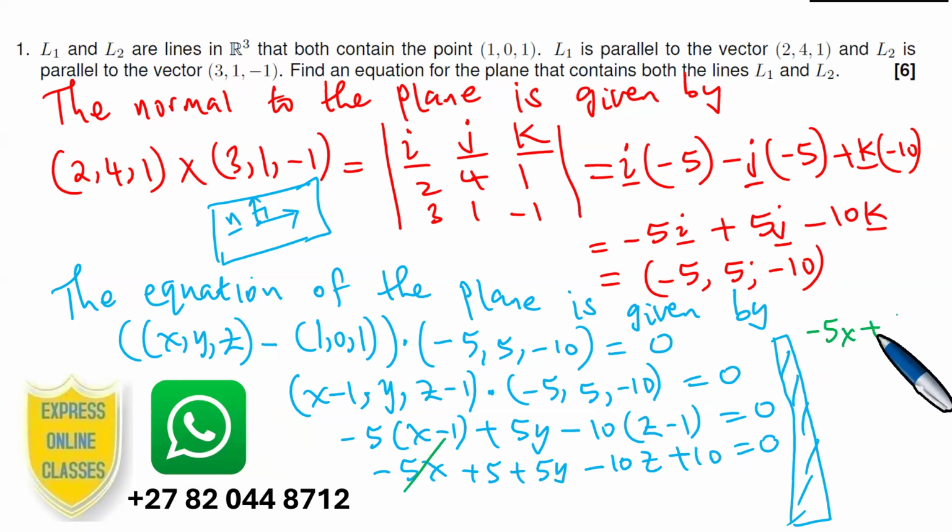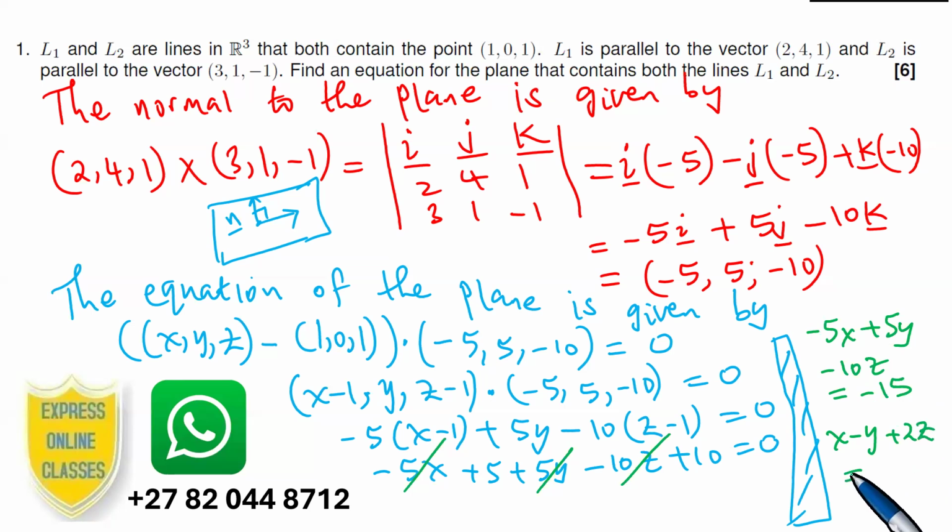And then we have plus 5y minus 10z, which is equal to -15. So divide by -5. And if you do so, we get exactly x minus y plus 2z is equal to 3.